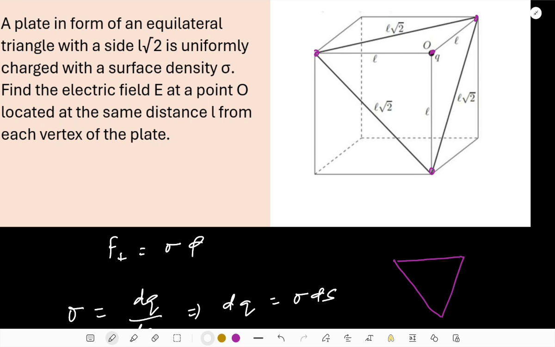Now you can think bigger. Eight touching cubes with common vertex O completely surround the charge cube. What I told you is that you need to think that there are eight cubes like this.